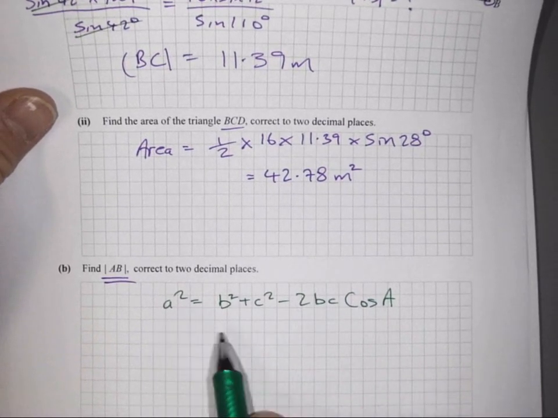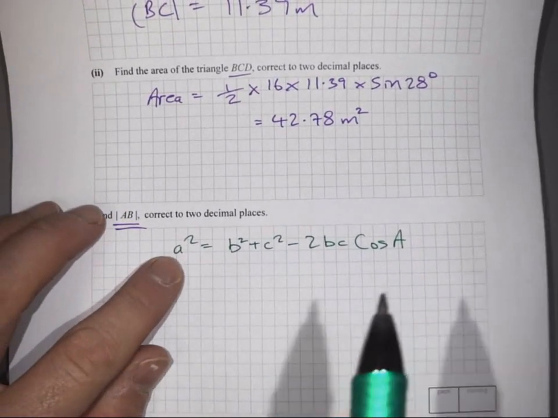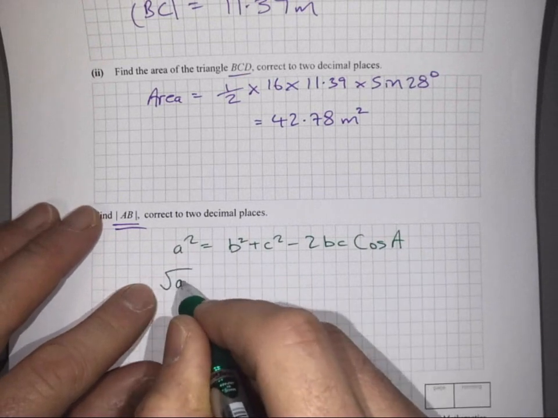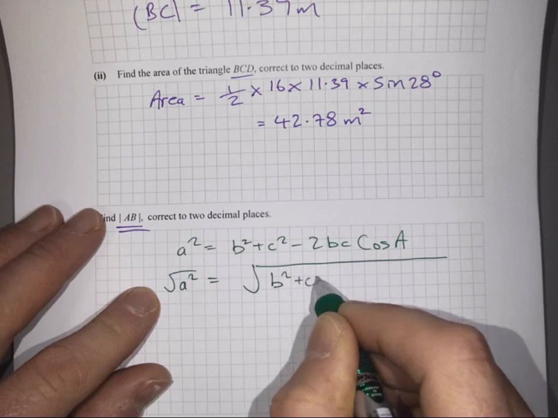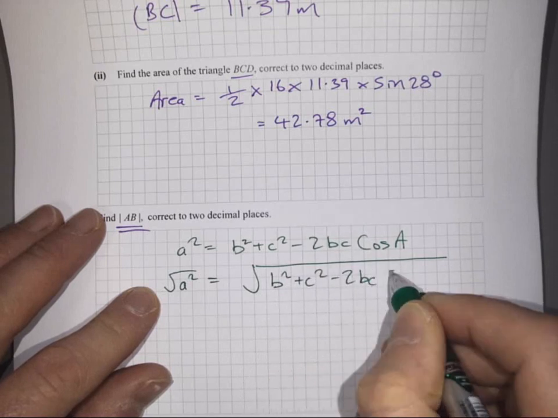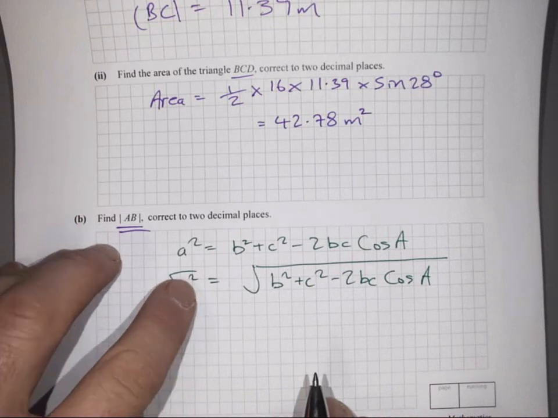Now we can make this a little more useful by taking the square root of both sides. The square root of a square, these cancel out each other.